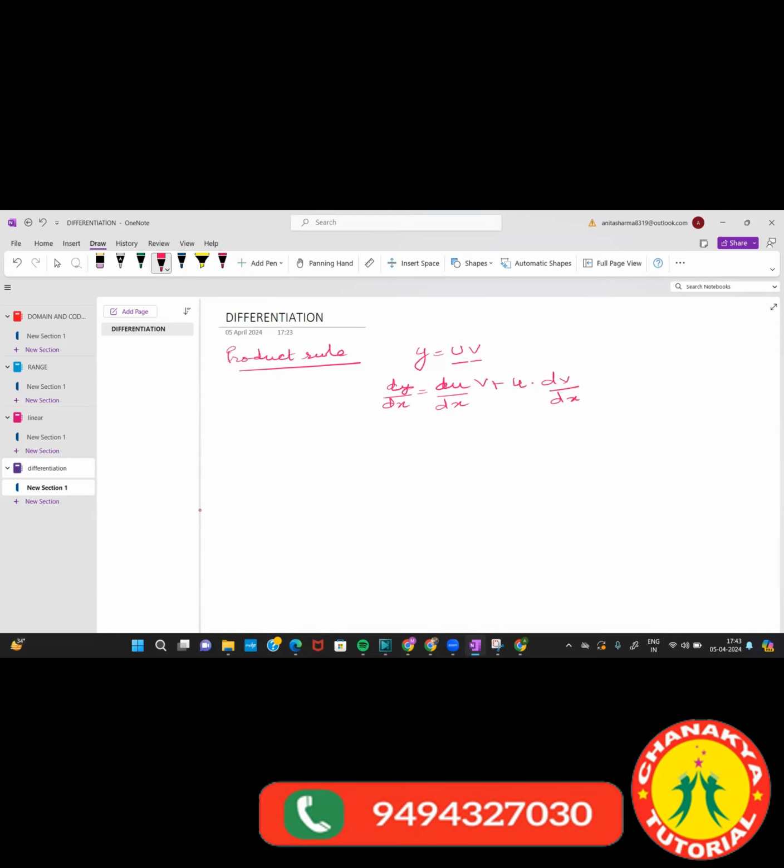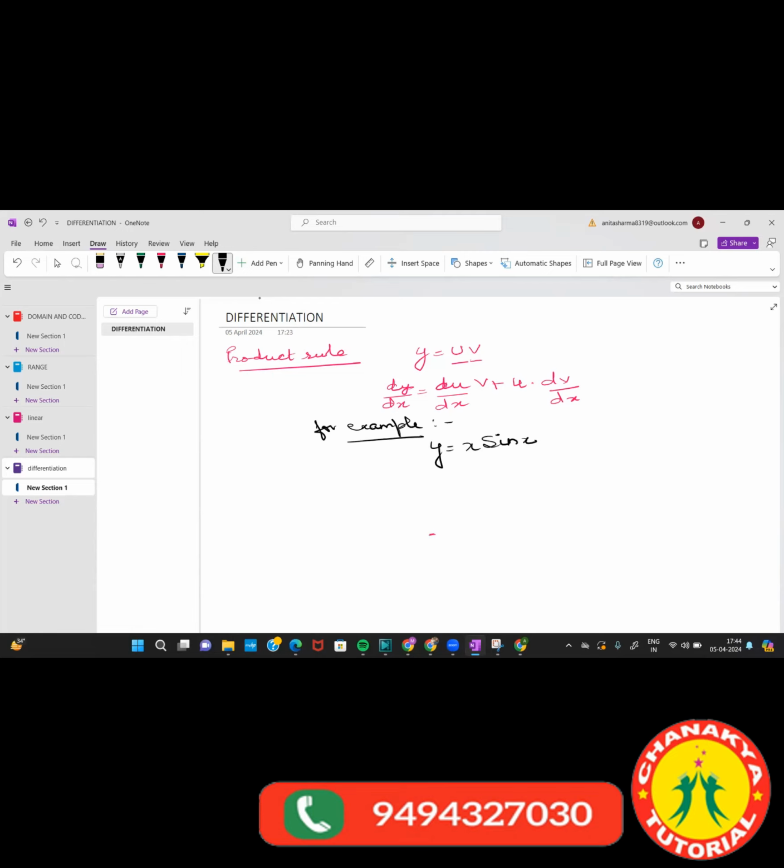For example, suppose we have to find the derivative of x sin x.